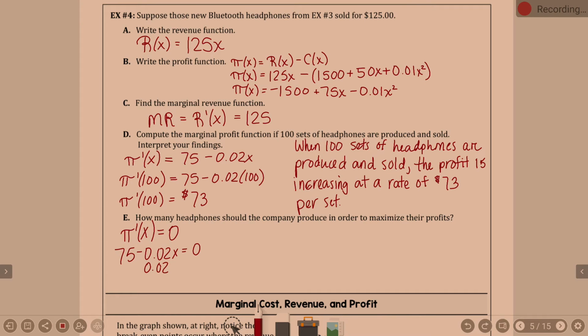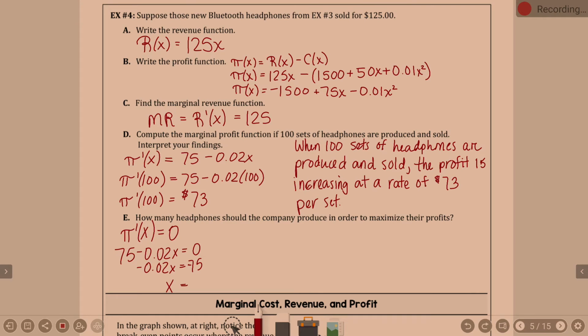So 0.02x equals 75. They're both negative, or in my brain I just made them both positive. Officially, if you keep this negative, then you subtract that over, or you could also add the 0.02x over.